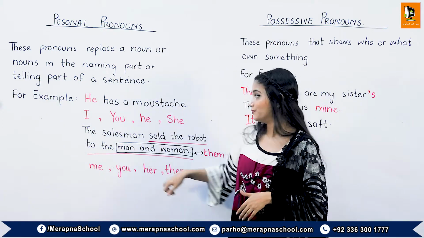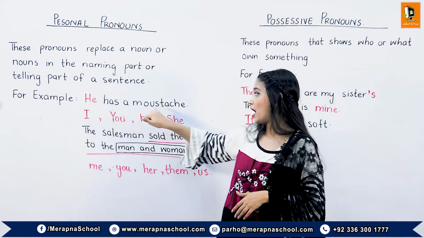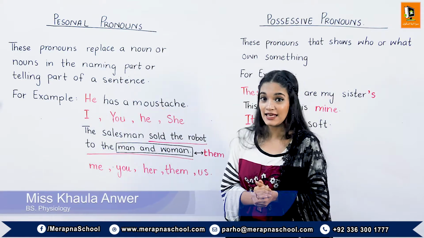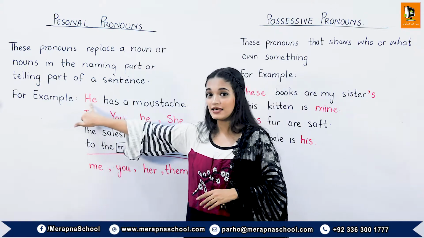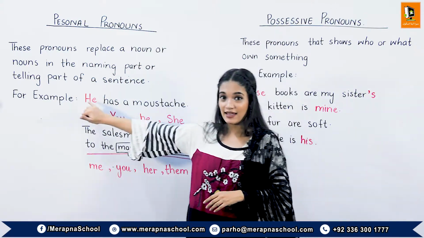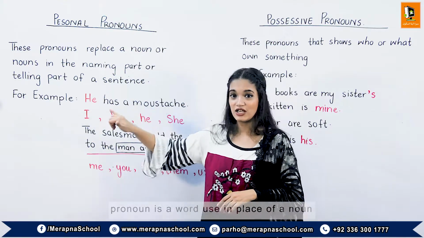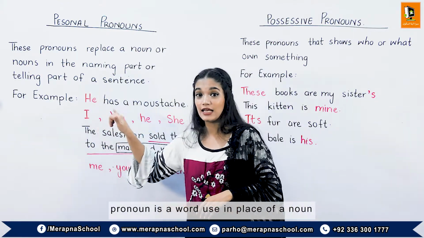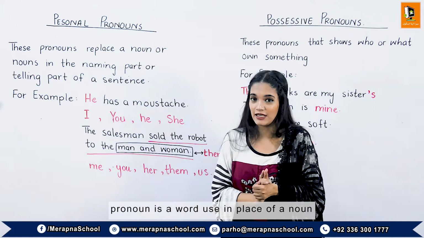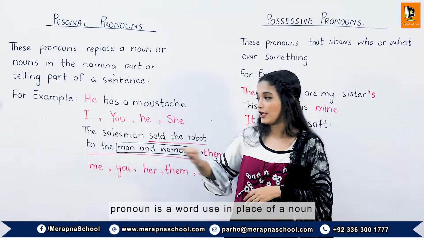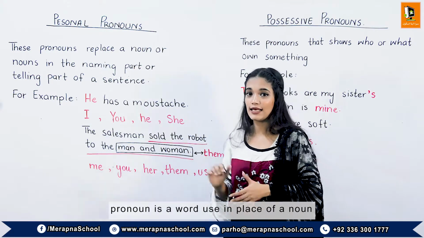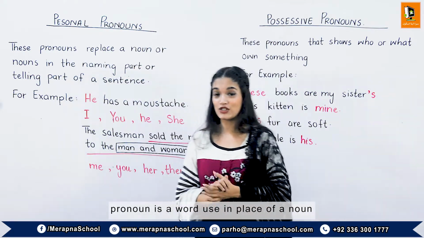For example, he has a mustache. It is defining a man who has a mustache. So this part is the naming part. In the naming part, we use pronouns like I, you, he, she, it, etc.